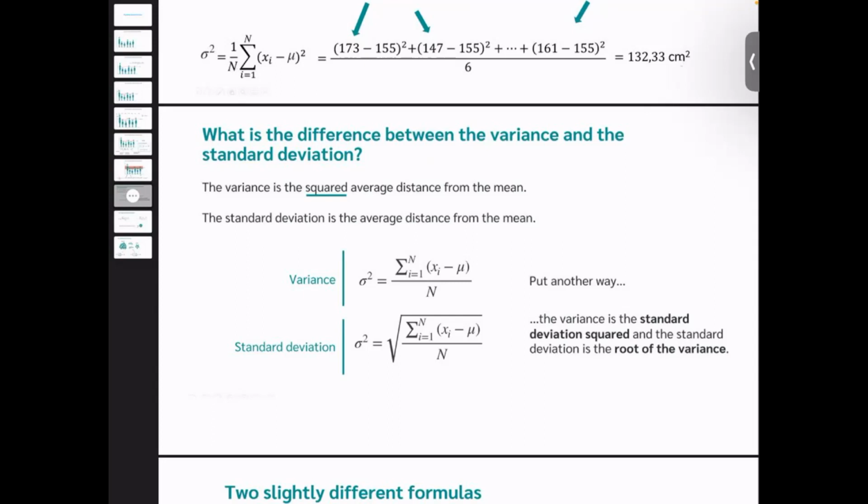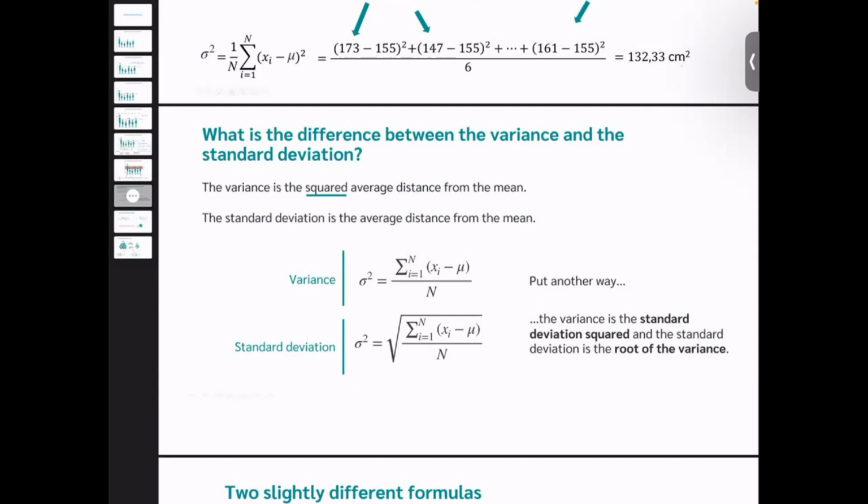So think of it, if I have here a bunch of people who approximately have the same height. When I calculate the standard deviation, it should be what? Small, right? It should be small.